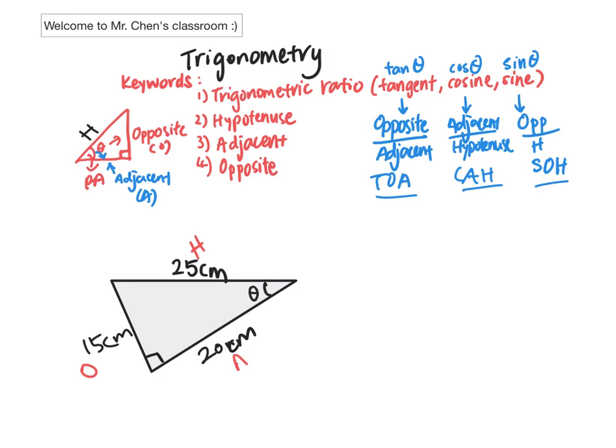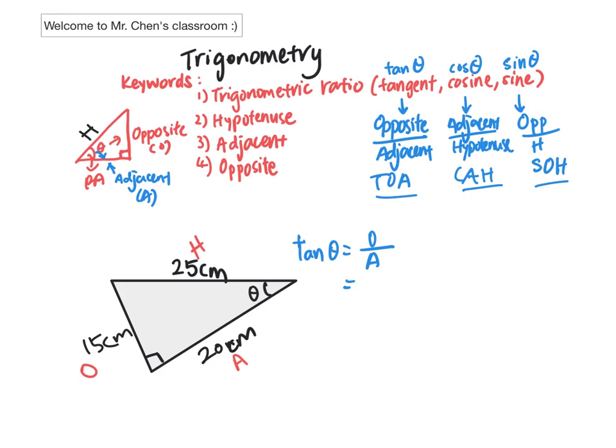In order to find the ratio for tangent, let's begin with TOA. Tangent theta in this case will be your opposite over adjacent.